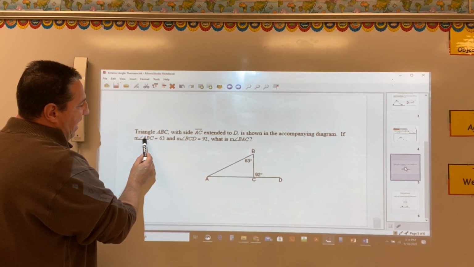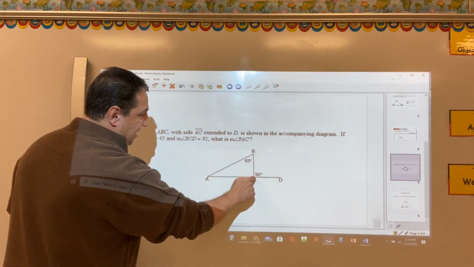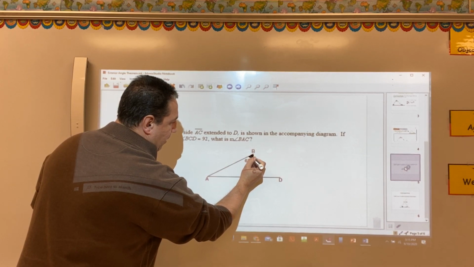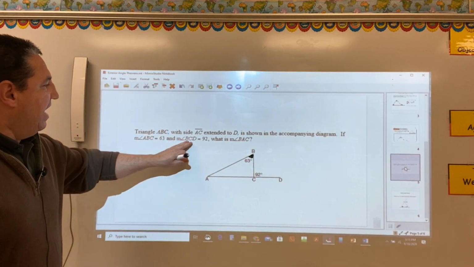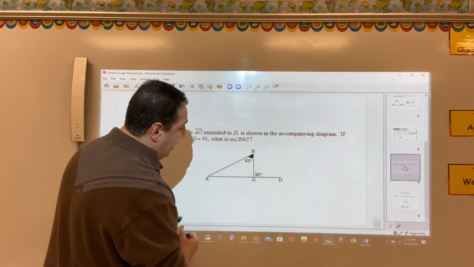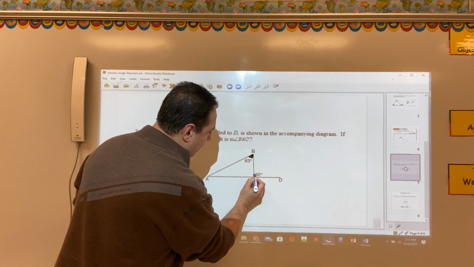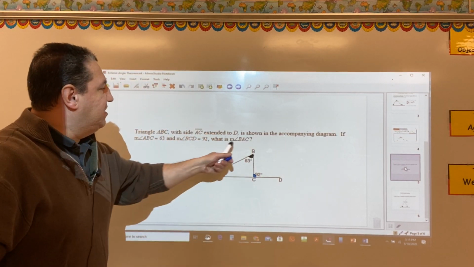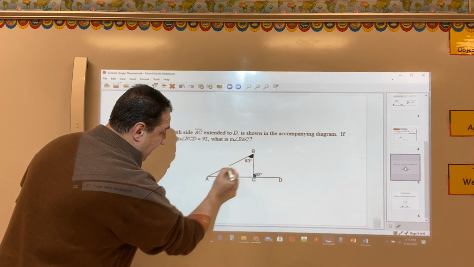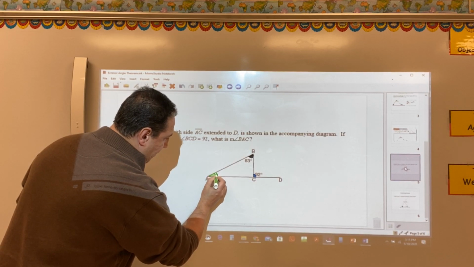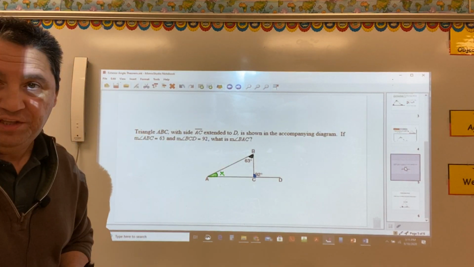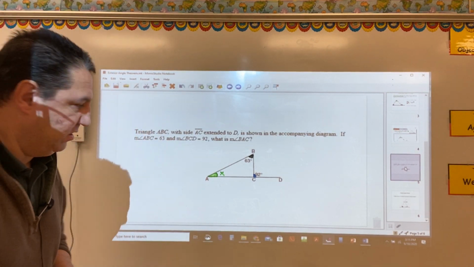If measure of angle ABC is this angle, equals 63 degrees, and measure of angle BCD, which is 92, is this angle, what is the measure of angle BAC? BAC is this angle, so we need to find this angle. Let's say X. We don't know this angle, that's why we denote it by X.